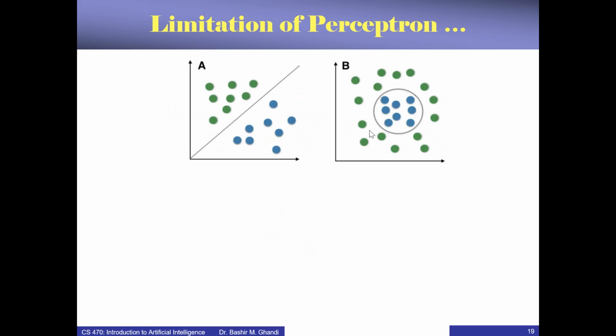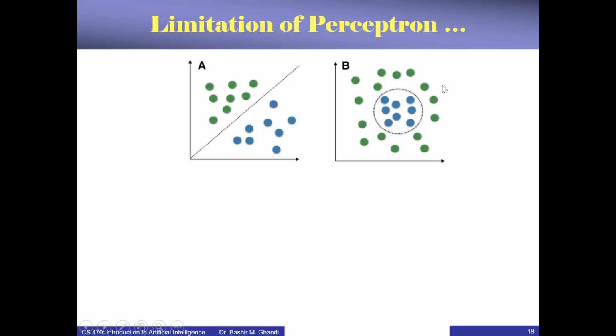This is another example of linearly separable and linearly unseparable data. So in figure A here, clearly it will be able to separate this data between greens and blues, because we can draw a single straight line to have the data classified.